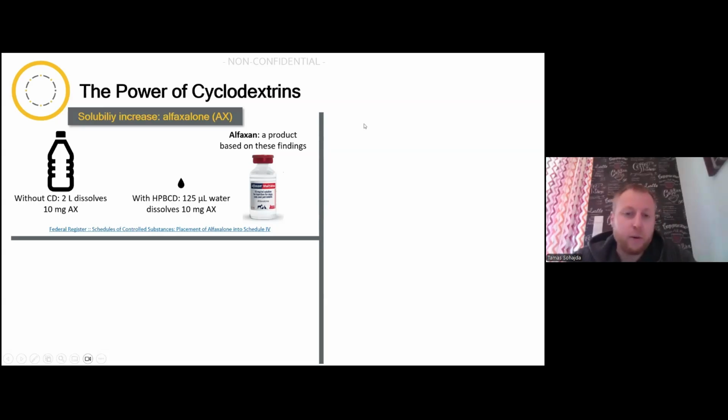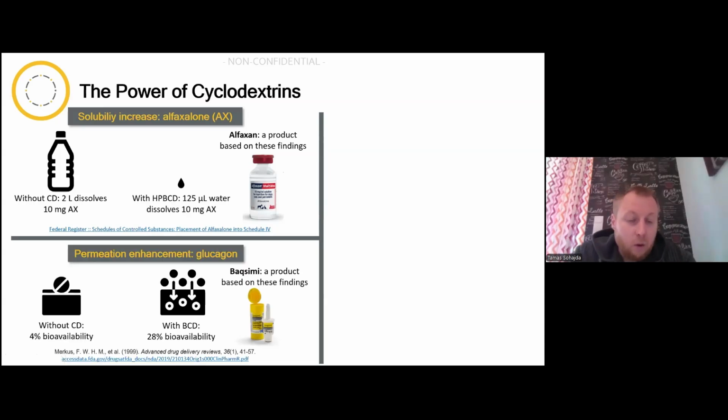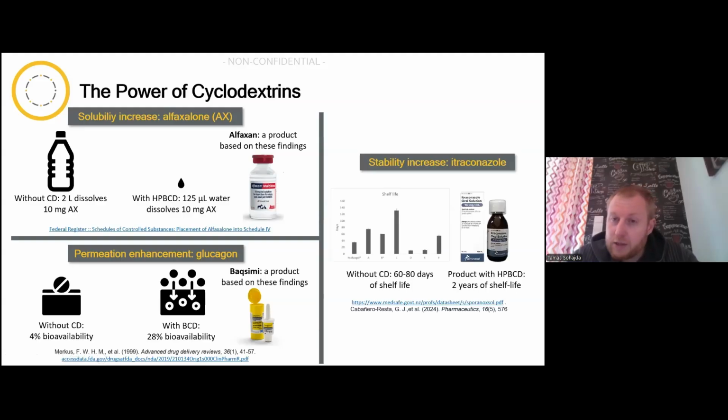This is a veterinary product of alphaxalone, by the way. Or you can improve the bioavailability rather dramatically. This is a glucagon-based nasal spray from Eli Lilly, where a 7-fold bioavailability improvement was achieved with the help of cyclodextrins. Or you can increase the shelf life, as you can see, from a few weeks to 2 years.